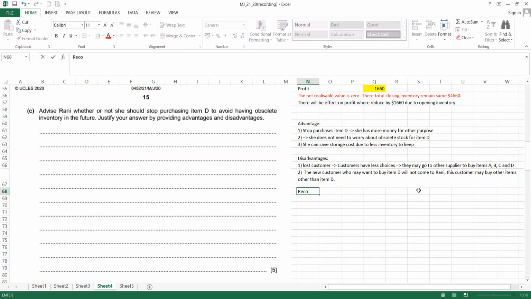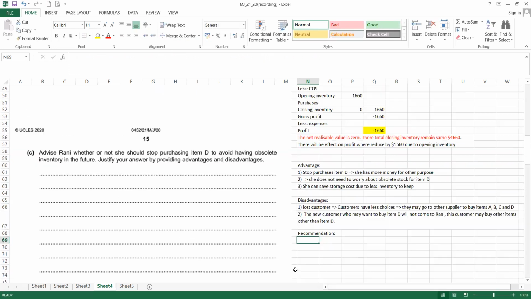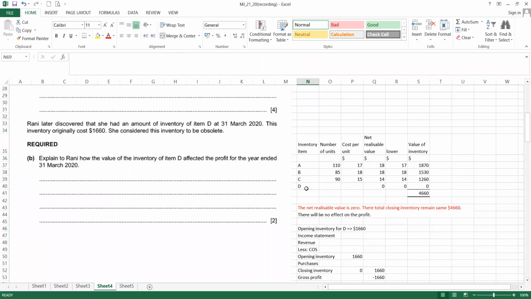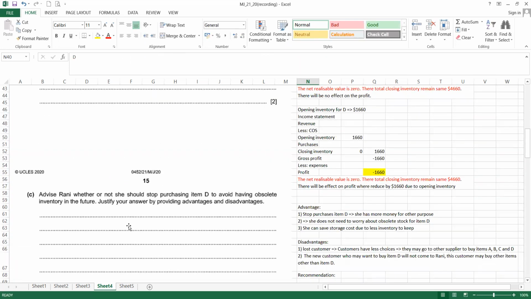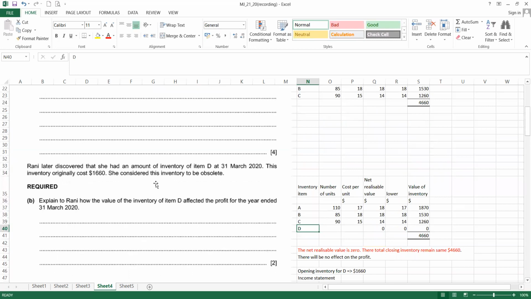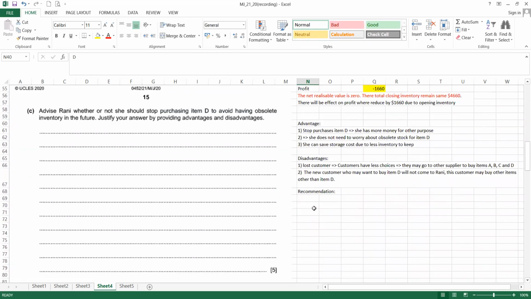So now come to the conclusion or the recommendation. What are you going to make as the recommendation? For this question, let's see the items that we have. We have the 3 items, and D costs 1,006. If you talk about the business, from my personal point of view, if you can attract new customers and give customers more choices, why don't you buy a little bit and keep it in the shop so that people can see more choices?